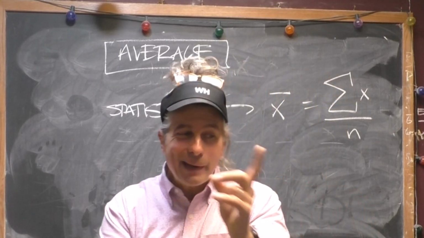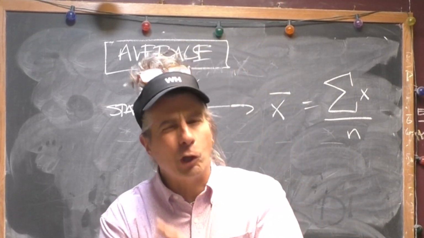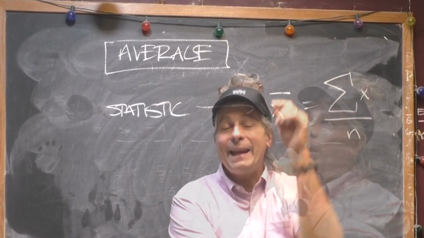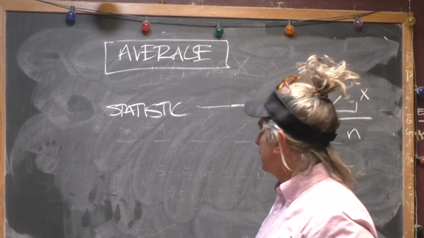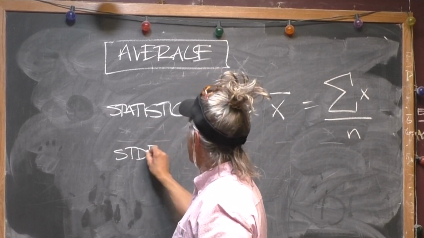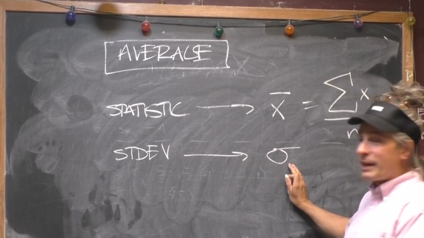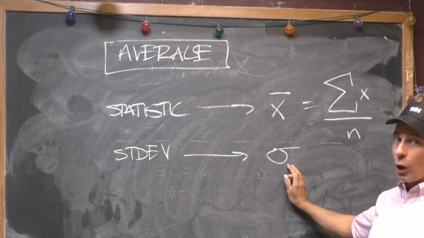This shows up in the proportion standard error too. It just doesn't look quite the same as it's going to look here. The population standard deviation, I'm just going to put that as STDEV. This is only going to be here temporarily. The standard deviation in the population is little sigma. Don't memorize this because it's going to be gone soon.